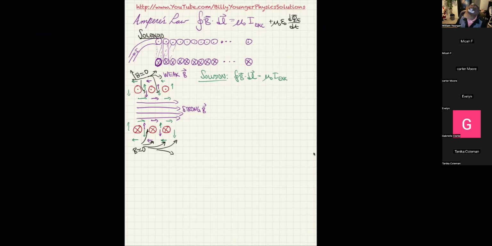If it's going the other way, it's a negative current. So you got to keep track of that. What that means to me is I'm going to imagine boxing off this little section and making this my path.